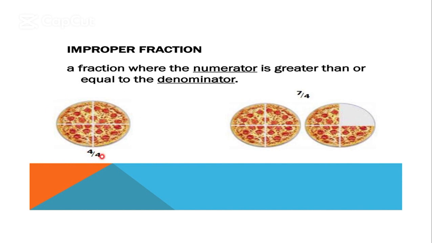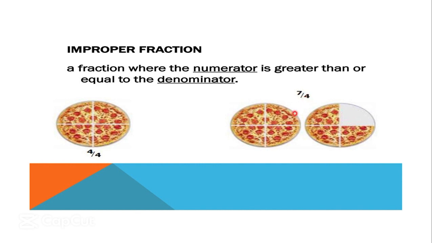Our numerator here is equal to our denominator, which is also 4. Another example is 7/4, meaning there are two pizzas sliced into 4, and you got 7 slices. So 7 is now greater than our denominator, which is 4.